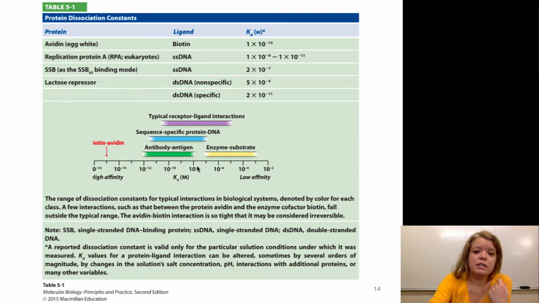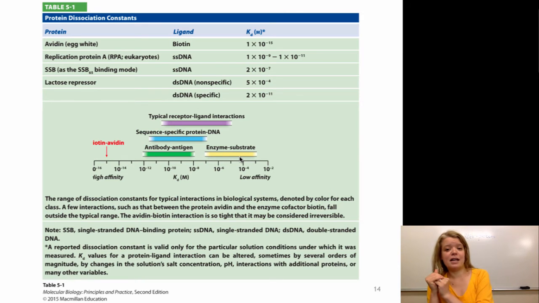You can see that antibody-antigen interactions are several fold stronger than enzymes and substrates. The reason for an antibody-antigen interaction is to not let go, while the reason for an enzyme and substrate interaction is to convert the substrate and then use another substrate molecule to continue catalyzing the reaction.